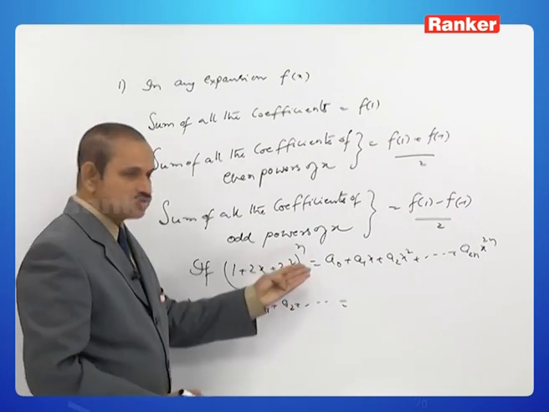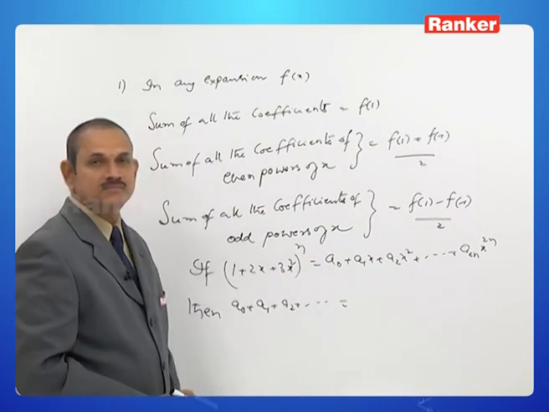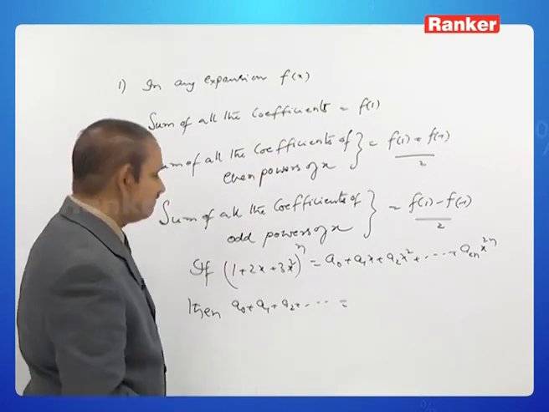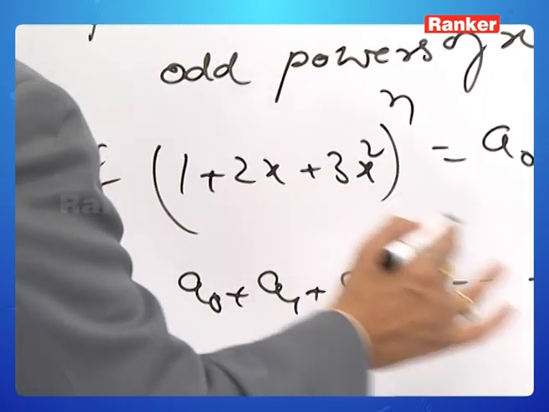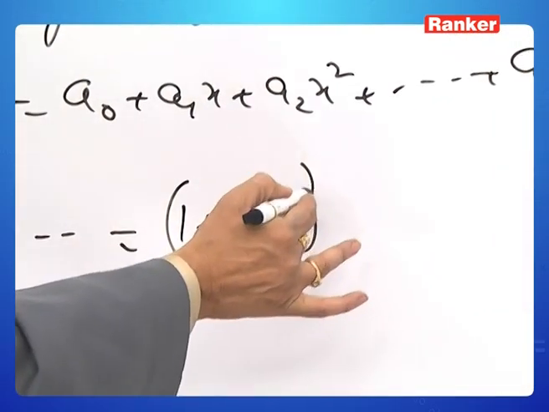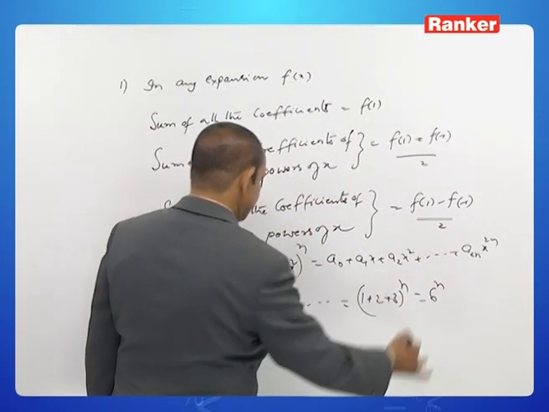You consider this to be some f of x as per our habit. Sum of all the coefficients is f of 1. 1 plus 2 plus 3 is 6. (1 plus 2 plus 3) whole to the power of n is equal to 6 to the power of n.